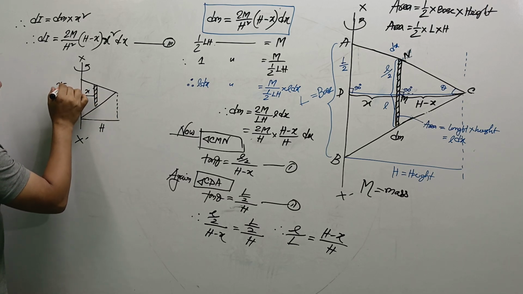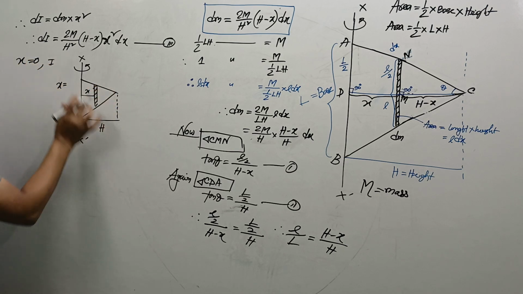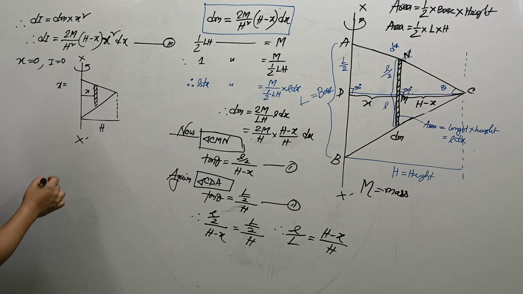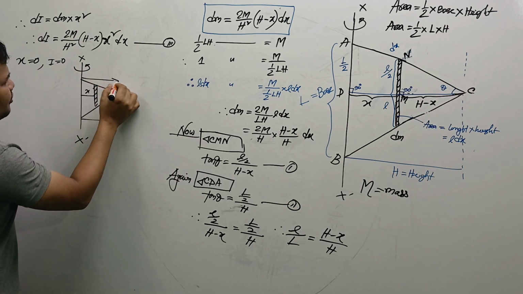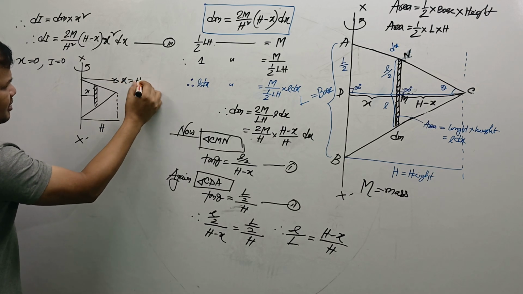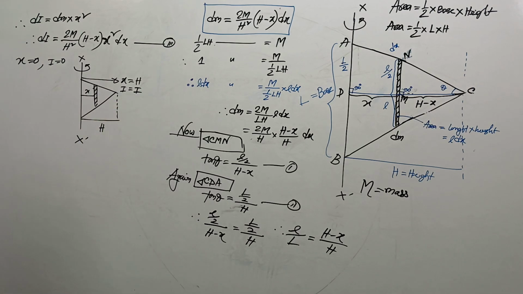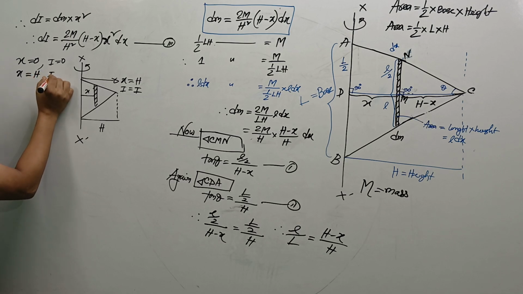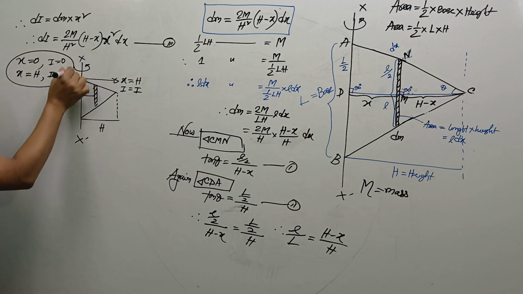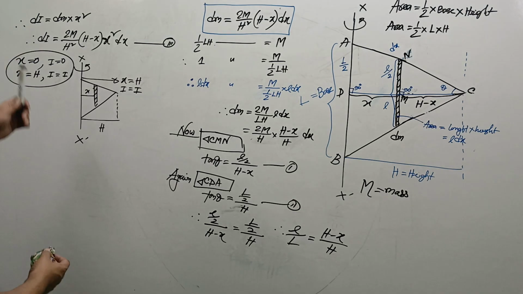When x is equal to 0, there is no object, so the moment of inertia will be 0. When we increase the length up to x equal to h, the moment of inertia will be I. Within this limit we integrate equation 3 on both sides to get the total moment of inertia. Now we put the value here.